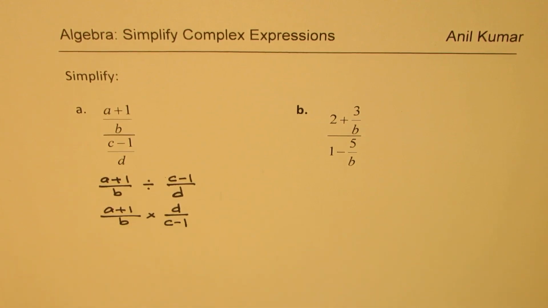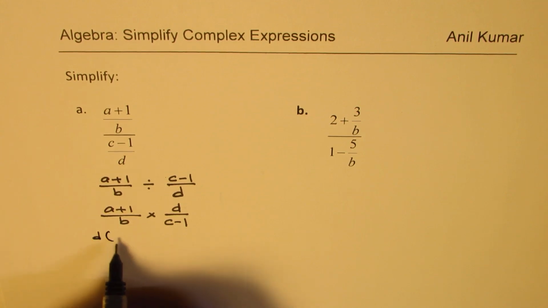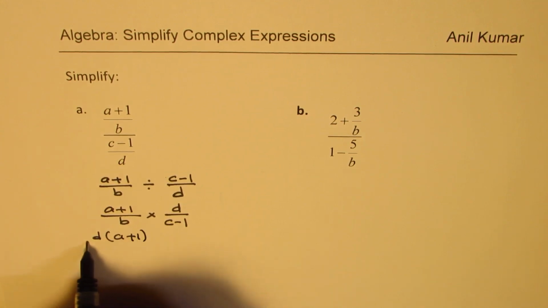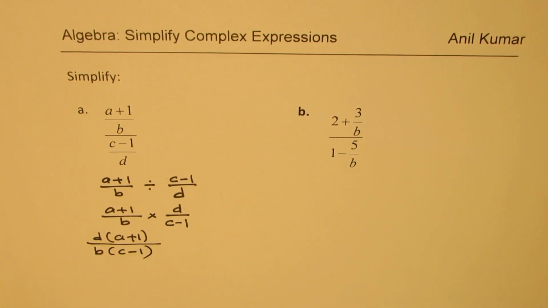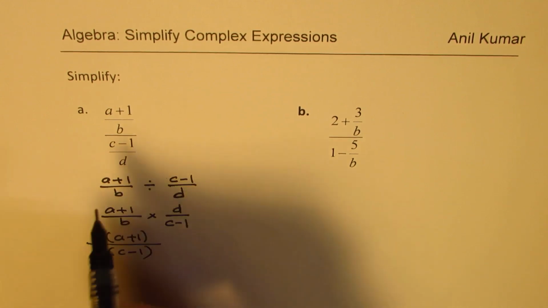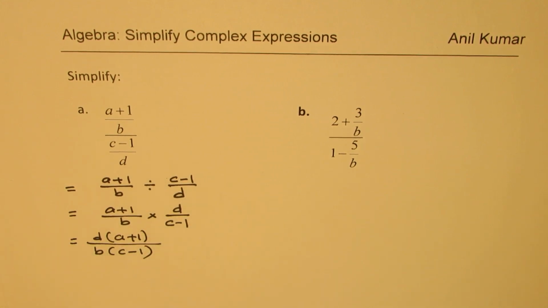So that could be a simplified form of this particular expression, right? So you could actually write this also as d times a plus 1 over b times c minus 1. Is that clear? So that is how we could write the given expression. So that is the simplest form in which we could write. Nothing cancels. We don't have any common factors.